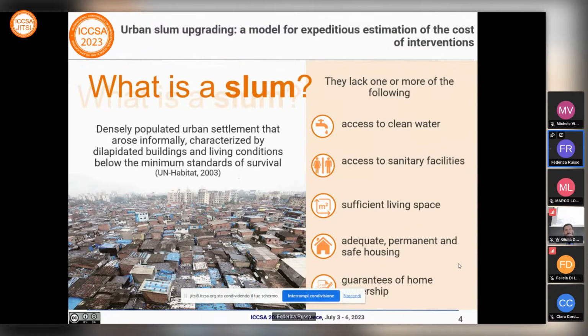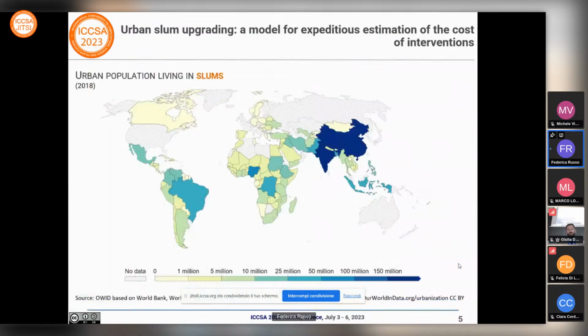A slum is said to exist when there is a lack of access to clean water, access to sanitation, adequate and permanent facilities with sufficient living space, considered to be 4 square meters per person, and guaranteed ownership of one's home. A slum is thus an expression of poverty and of social and economic inequality on the planet.